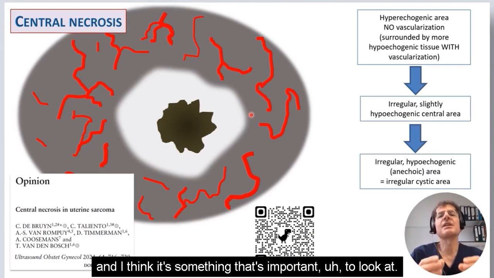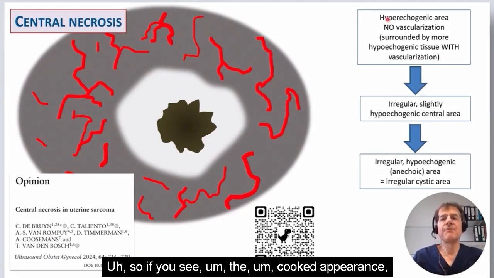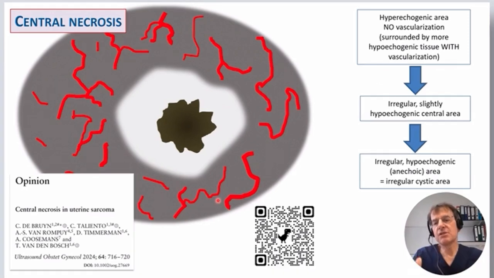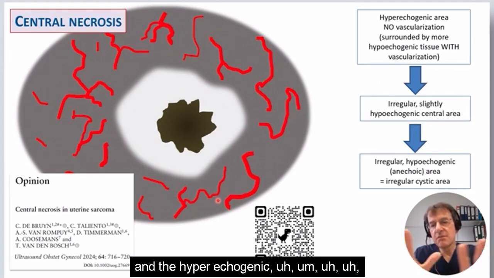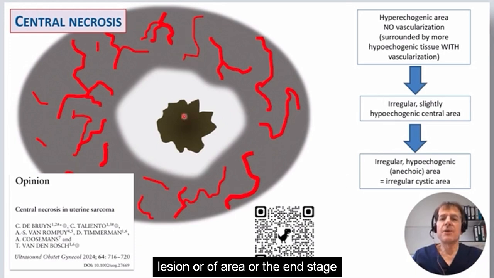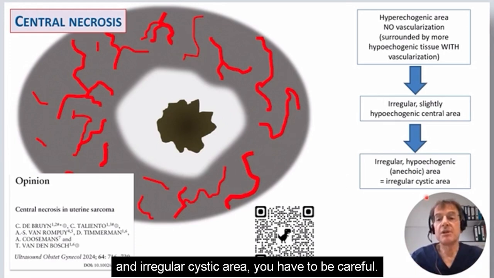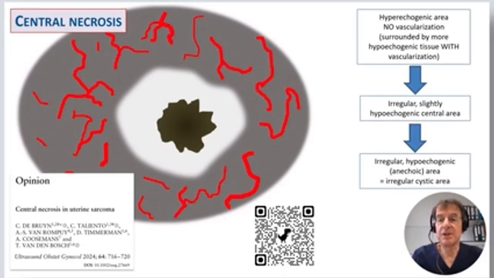If you see the cooked appearance, meaning the loss of structure and a hyperechogenic lesion or area, or at the end stage an irregular cystic area, you have to be careful. It might be a sarcoma.